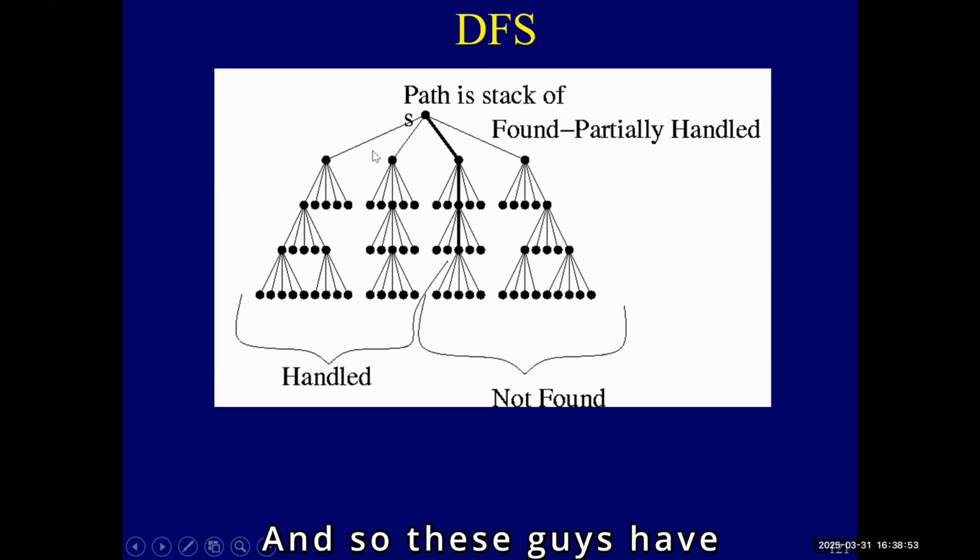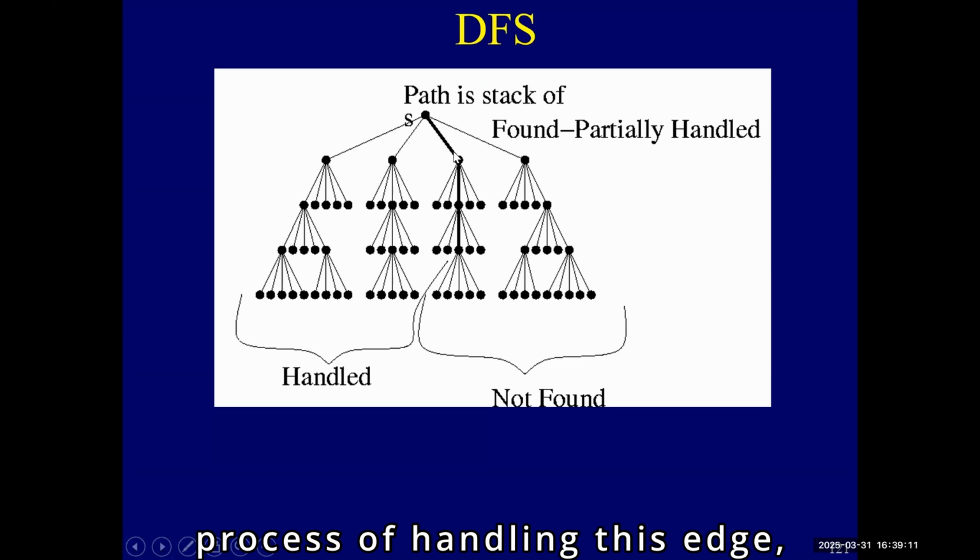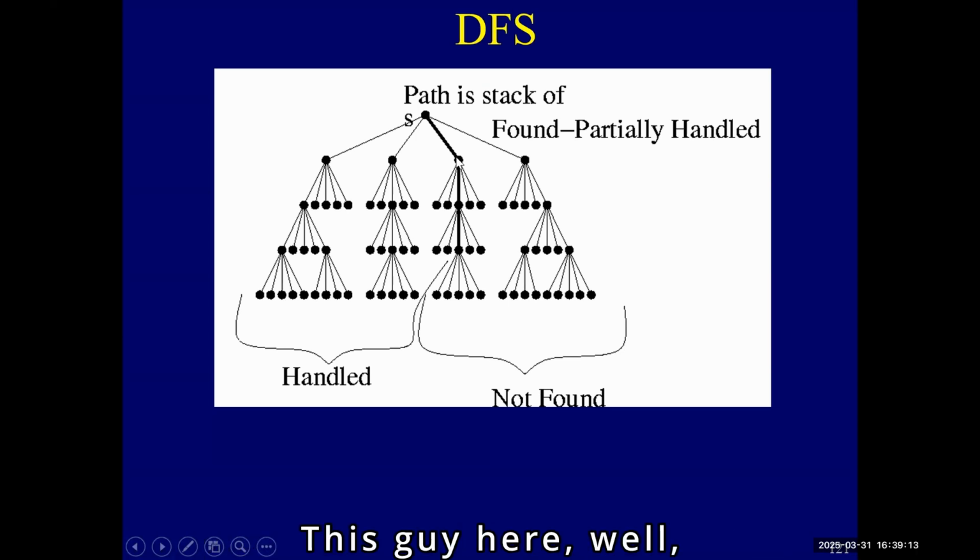And so these guys have already been on the stack and come off the stack. They're completely handled, right? These guys here are partially handled, right? What about S? Well, S, we handled this edge and this edge, and we're in the process of handling this edge, right? This guy here, well, we've handled that one, and we're in the process of handling this one, right? And so this is a path of what we're currently working on, right?